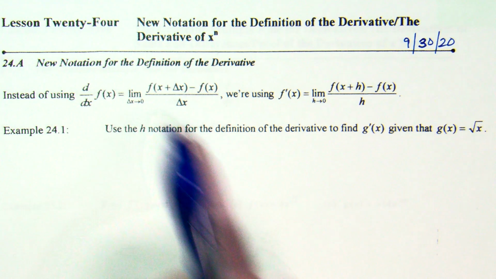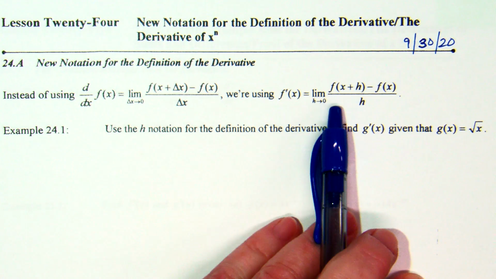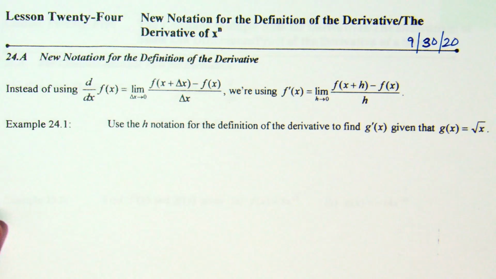Now, we're going to use an alternative option, just changing up the letter, to do the derivative: the limit as h approaches 0 of f of x plus h minus f of x all over h. The only difference is that all your delta x's are replaced with h's.